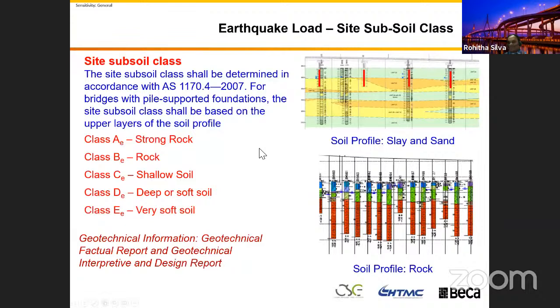But if a bridge is a couple of kilometers in length, you need to have different earthquake subsoil categories when you design the bridge, because you might encounter significantly different soil conditions. You don't want to consider it in the earthquake design as a single bridge. For earthquake design purposes, you can have segments.